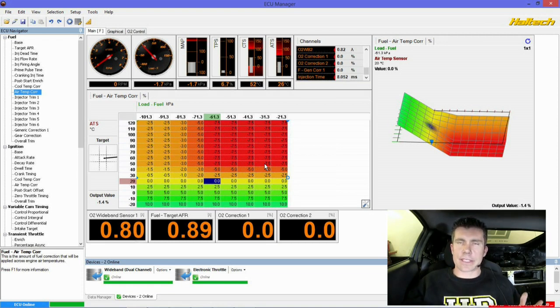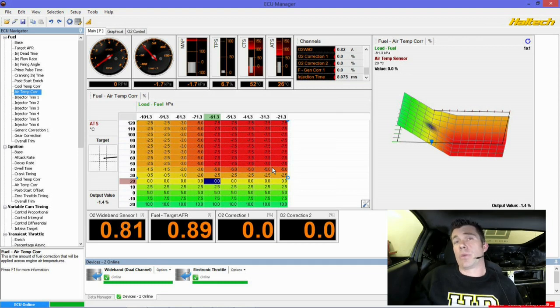So let's say, for argument's sake, we're targeting lambda 0.90. Okay, so if we've got this table tuned correctly and our engine's tuned correctly, if we're at wide open throttle at 20 degrees, we'll be seeing lambda 0.90. And likewise, if we're up at 45 degrees, it'll still be seeing lambda 0.90.